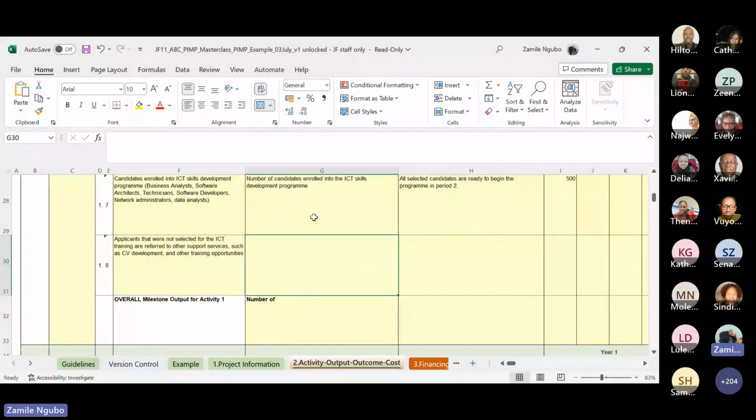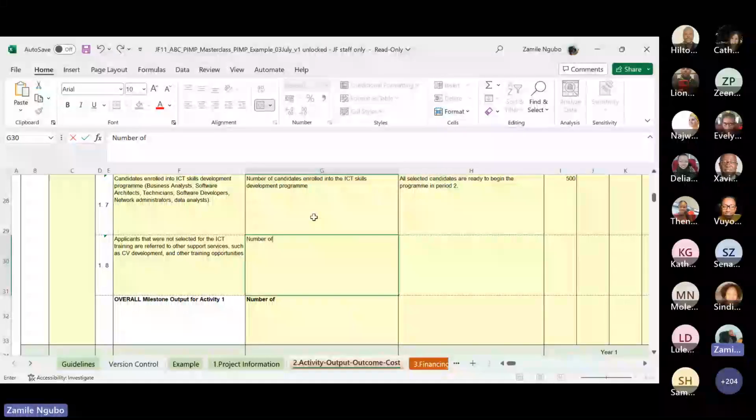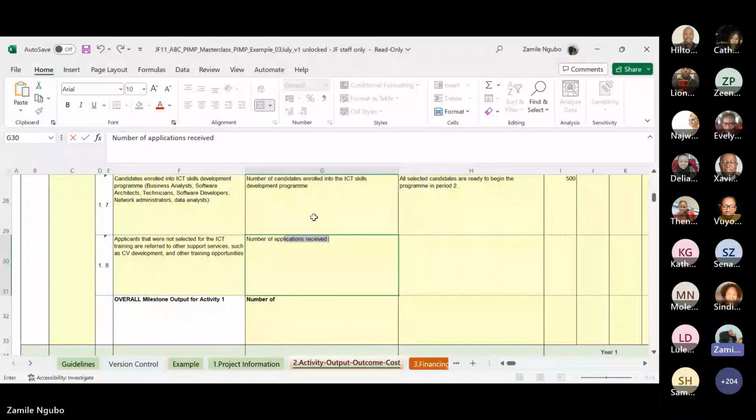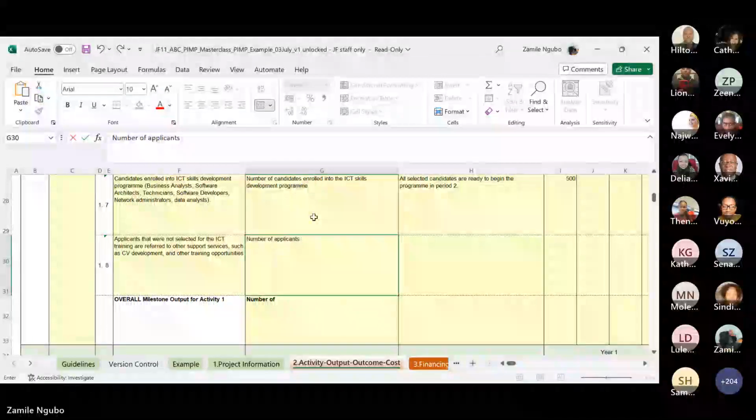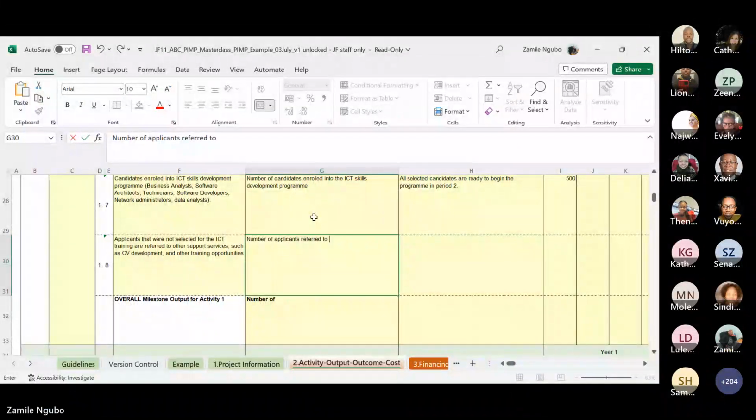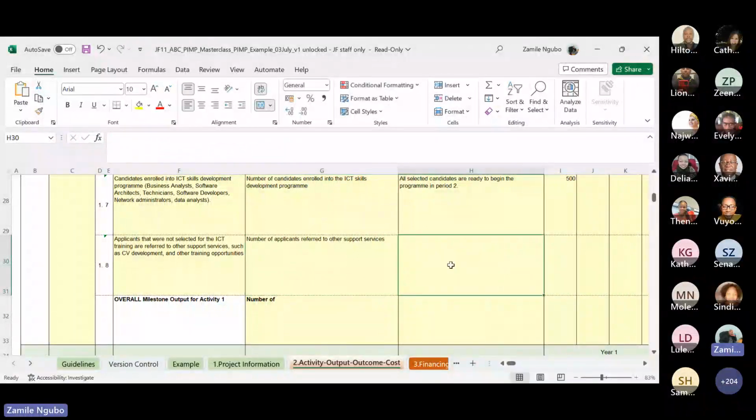So here the output will be the number of applicants referred to other support services, because we received 750 and we're only selecting 500. So the 250 will be referred where they can be assisted.